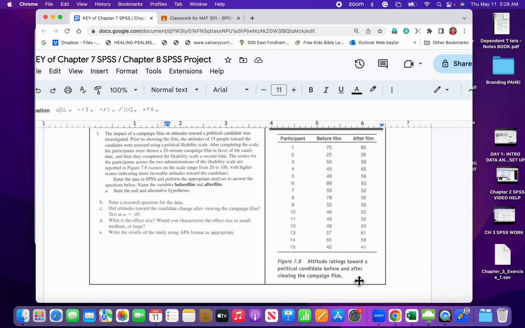So in fact, you want to see whether or not the mean attitude ratings towards the political candidate change after the viewing of the campaign film.